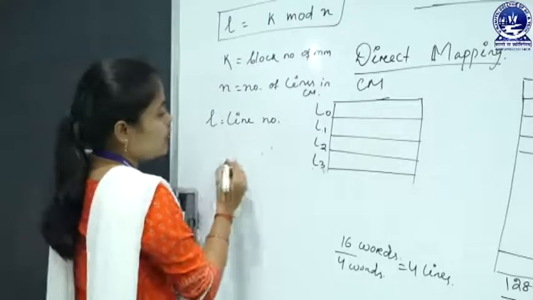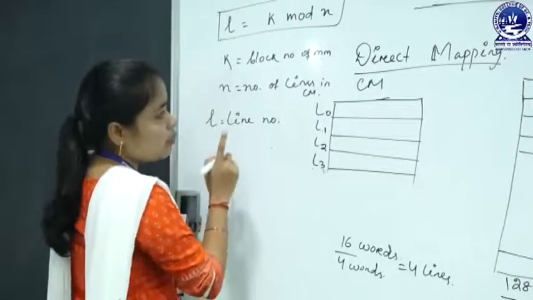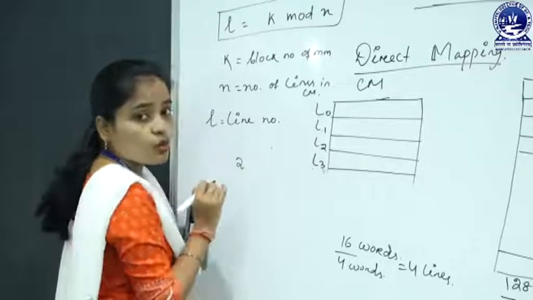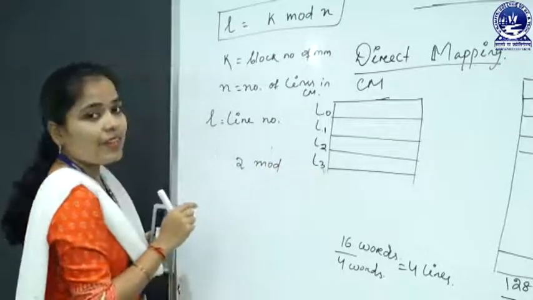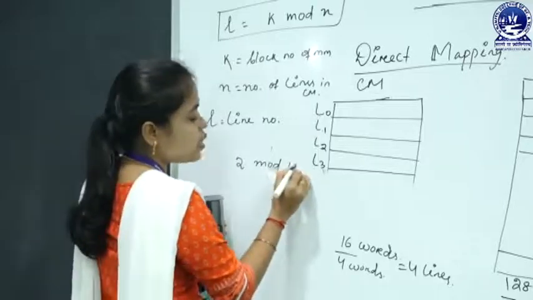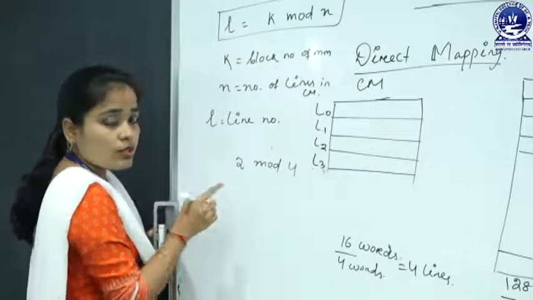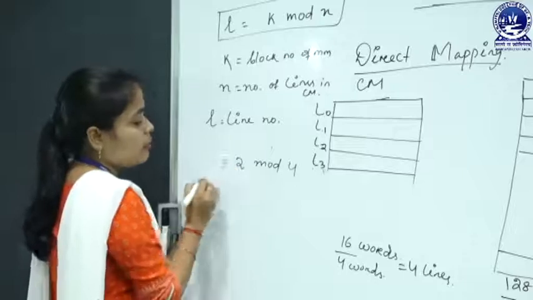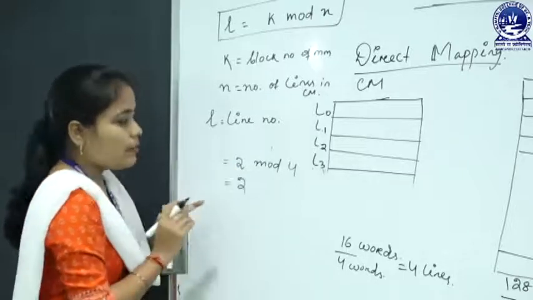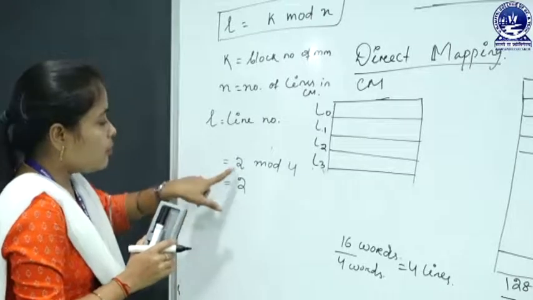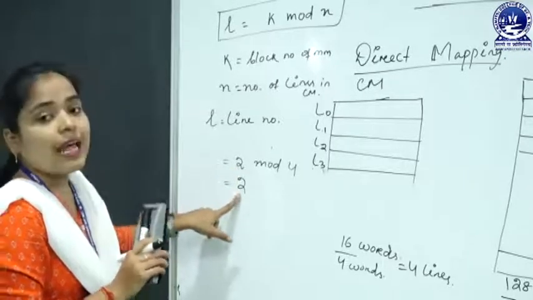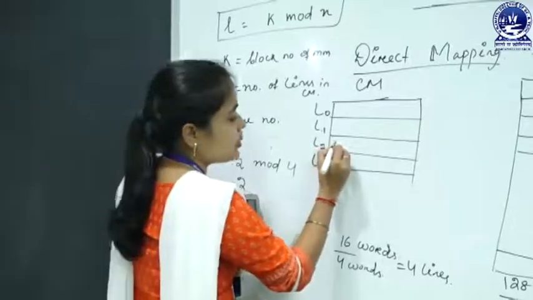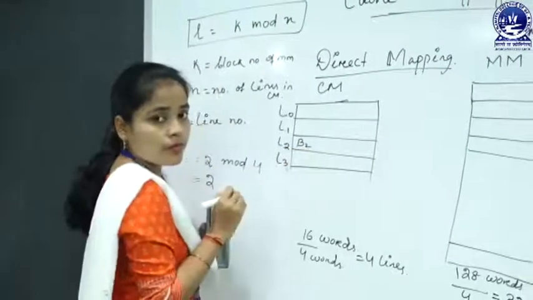B2 means the K value is 2. Mod, what is the number of lines in the cache memory? It is 4. So what is the remainder? The remainder is 2. That means block number 2 will be stored in line number 2. That means B2 will be here.